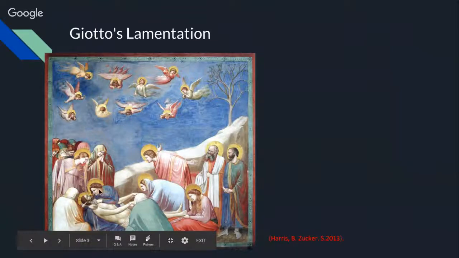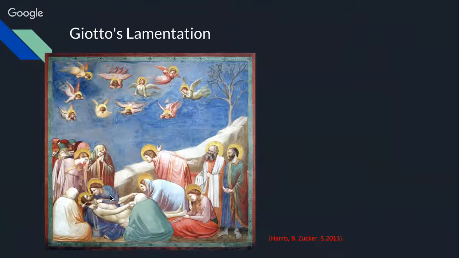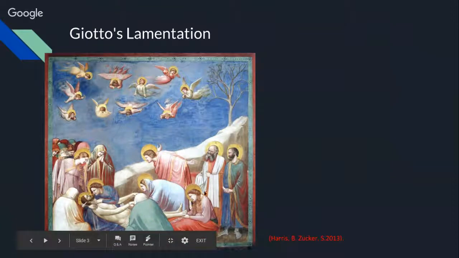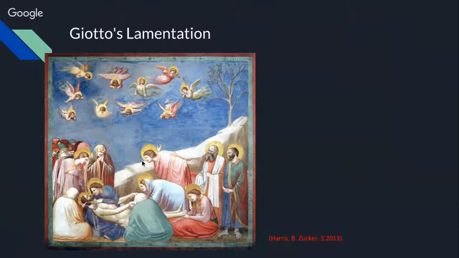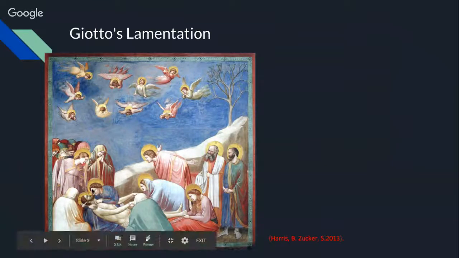You can see in her facial expressions, it's like she's praying and asking, please wake up, please wake up. And as you can see, there are all these people that are surrounding them and mourning and sad and upset about what has just taken place.